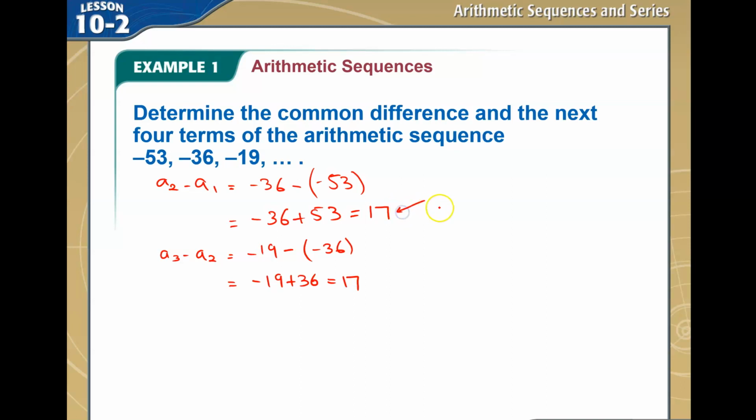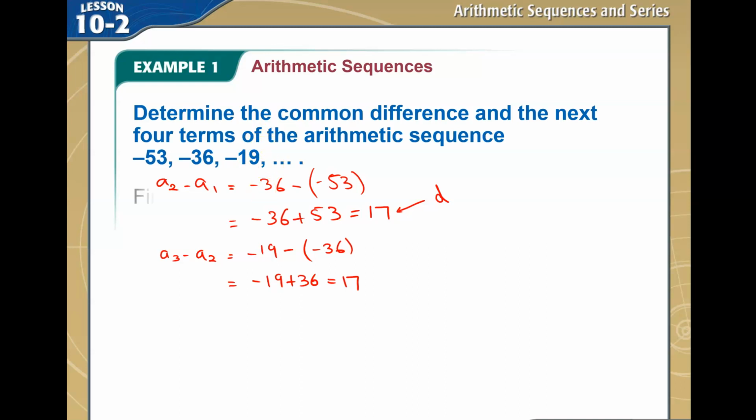This 17 is called the common difference, which is represented by d. Now we've found the common difference of this arithmetic sequence, and you will be able to find the next four terms. Starting from negative 19, you add 17 more, and you get the next term.